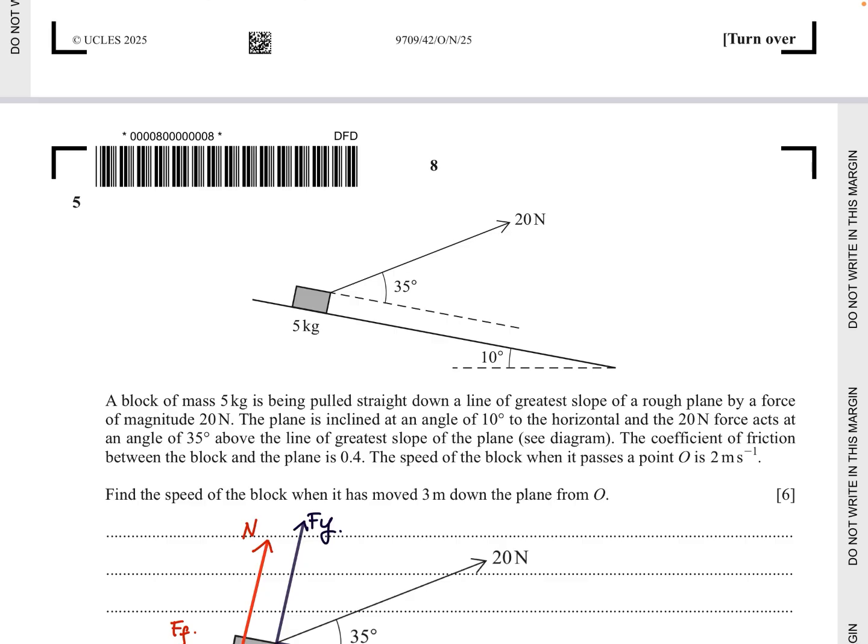See diagram. The coefficient of friction between the block and the plane is 0.4. The speed of the block when it passes a point O is 2 meters per second. Find the speed of the block when it has moved 3 meters down the plane from O.